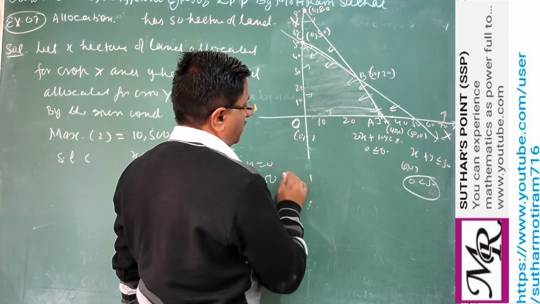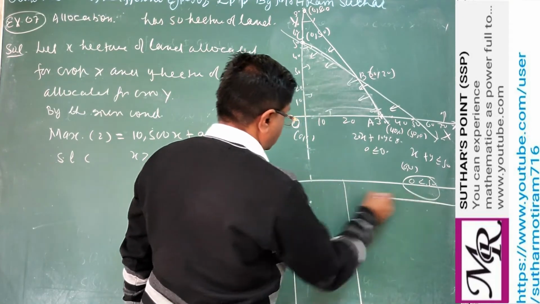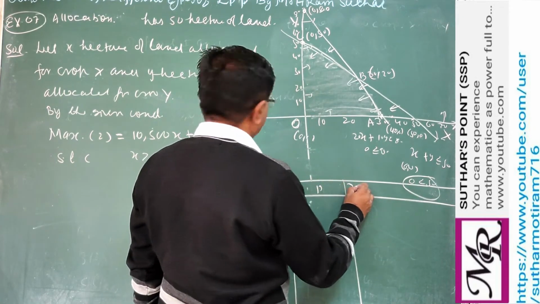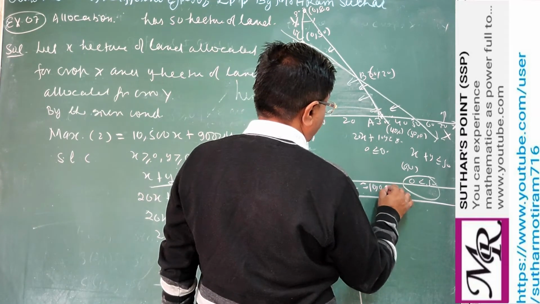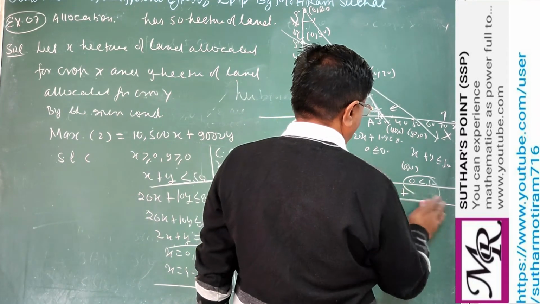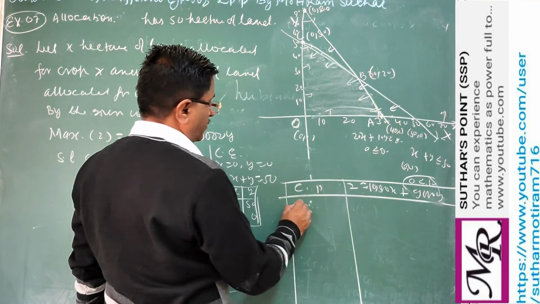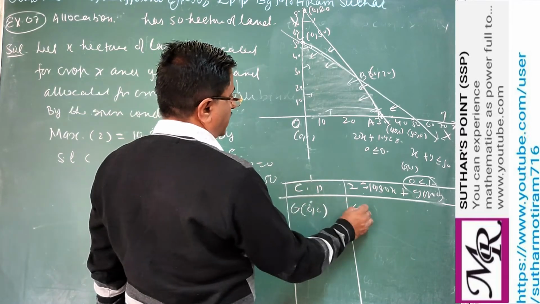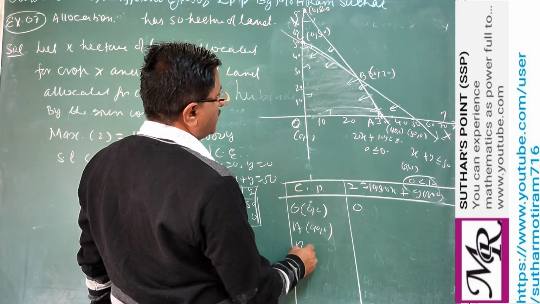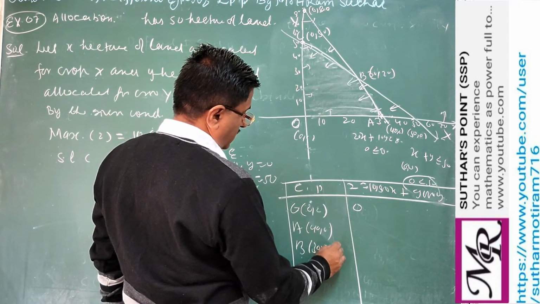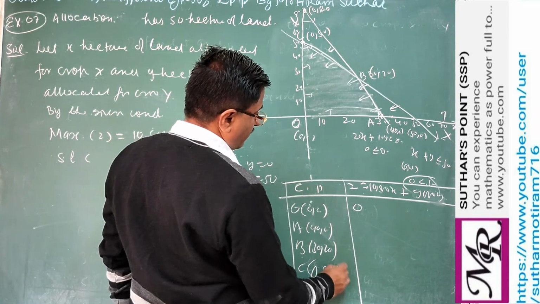So we make a table for these corner points: the corner point, and the value of z, that is 10,500x plus 9,000y. For the origin, coordinate 0, 0, z is 0. A is 40, 0, B is 30 and 20, and C is 0 and 50.